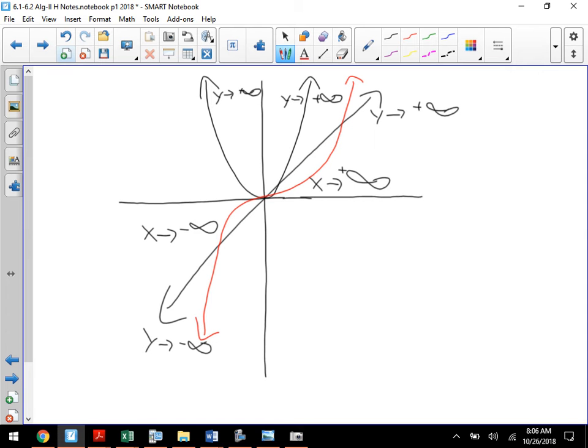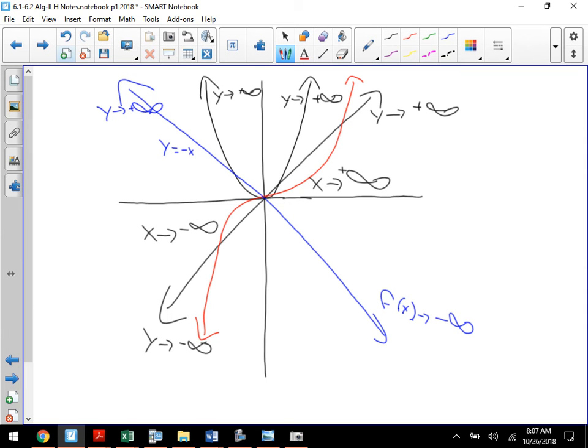Now, if it was negative, that was the equation y equals negative x. You guys okay with that? That meant it had a negative slope. That meant as x got larger, f of x, or y, if you will, got smaller. But as x got smaller, y got bigger.